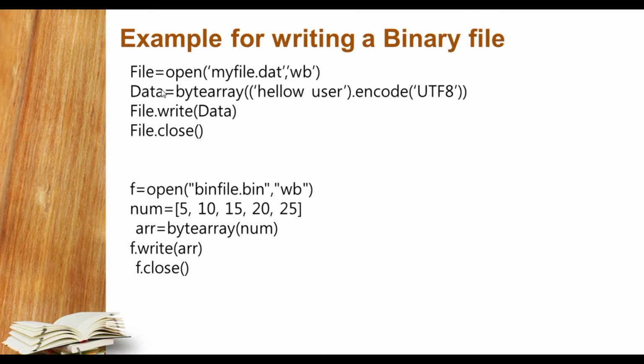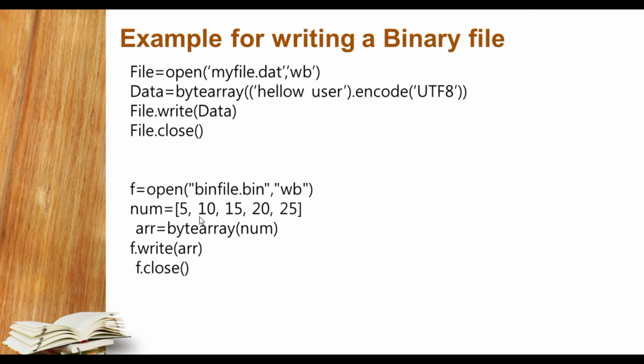Finally I write this data with the write method: file dot write, passing data, and then the file will close. This was an example of a string while transferring data as a string to the binary file.